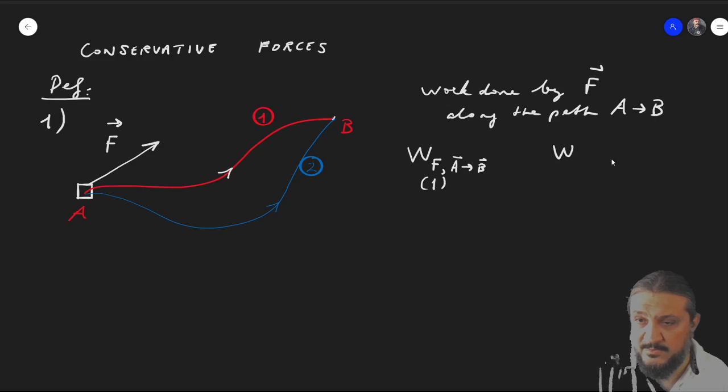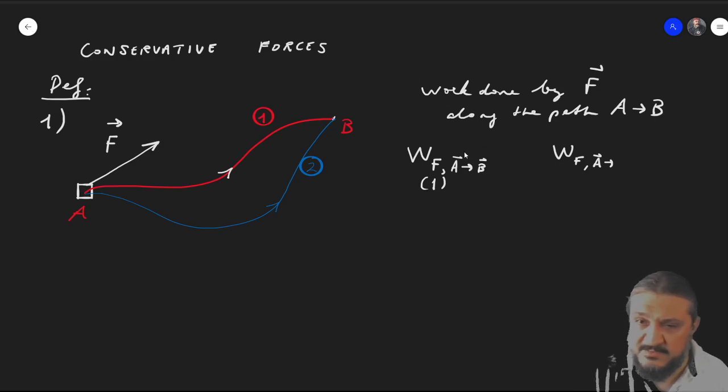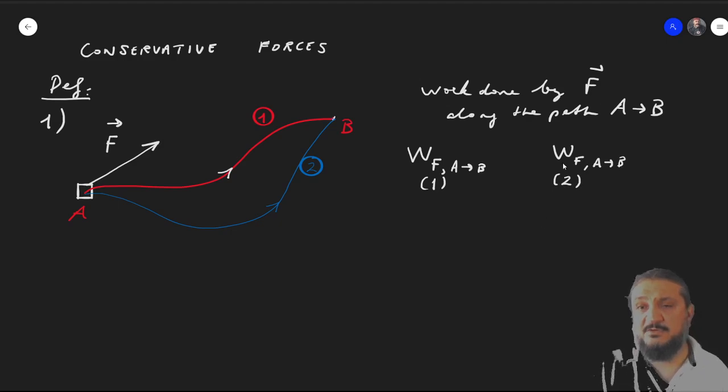What about work done by F when you go from A to B? Actually, if I put arrows on top of A, they look like vectors. We don't have to worry about that, so let's just get them out. So A to B, but using the path number 2. Are these equal to each other?